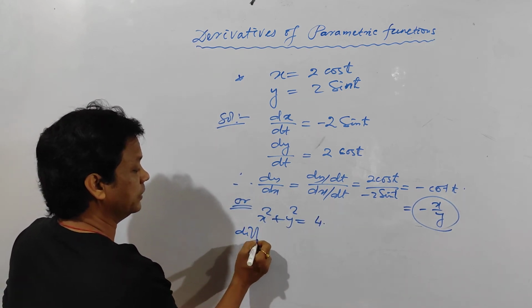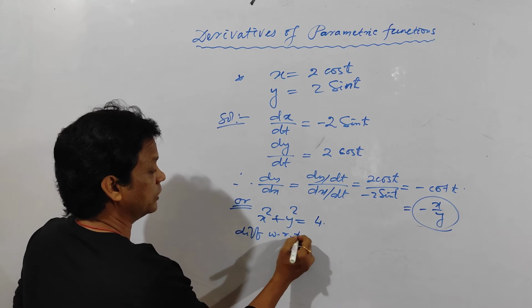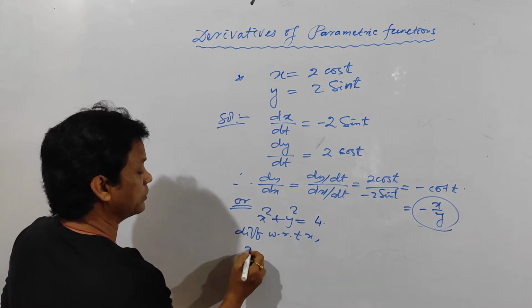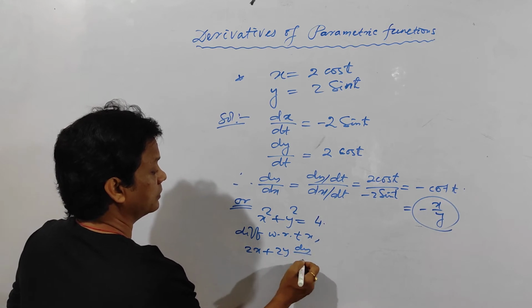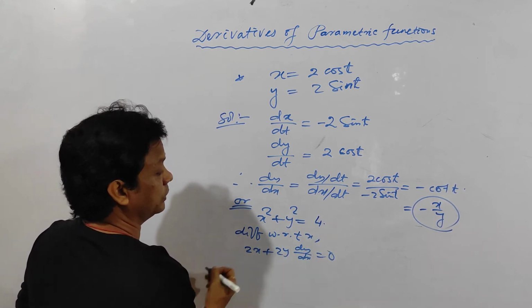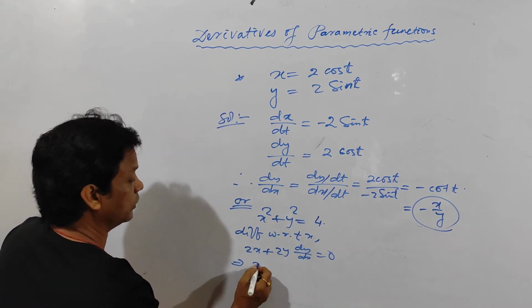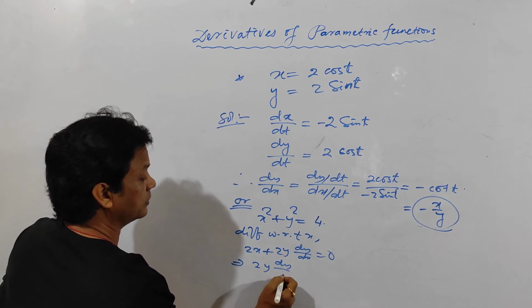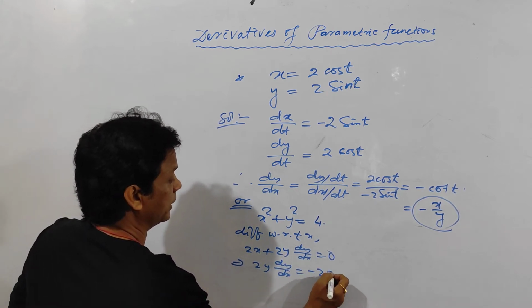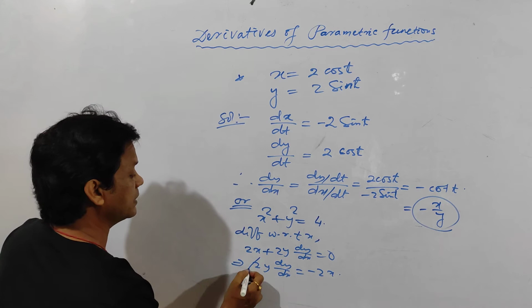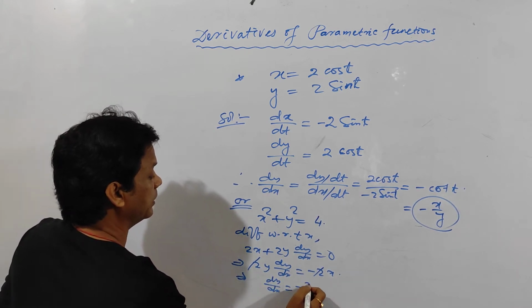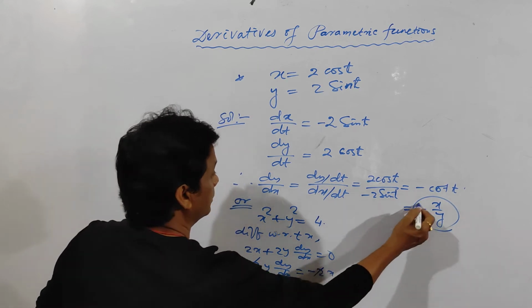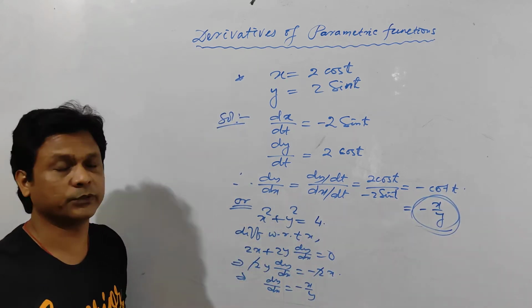Now differentiating with respect to x, we get derivative of x square is 2x and derivative of y square is 2y dy by dx is equal to 0. Derivative of 4 is 0. So now 2y dy by dx is equal to minus 2x. So 2 cancel out. Then what is dy by dx? This is minus x by y, which is same as this one. Clear? In this way also you can do it.